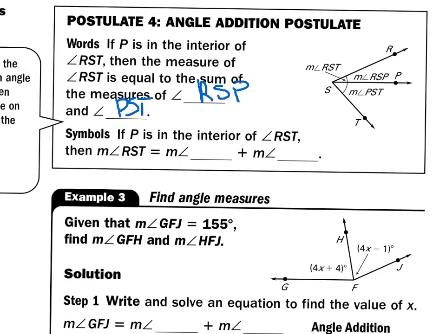So, here we go. All that means is that just like the segment addition postulate, the whole thing equals the sum of its parts. So the whole angle equals the sum of its two parts.